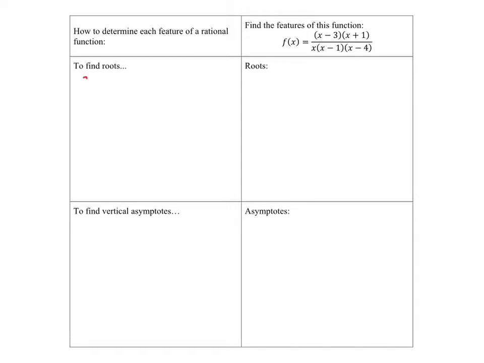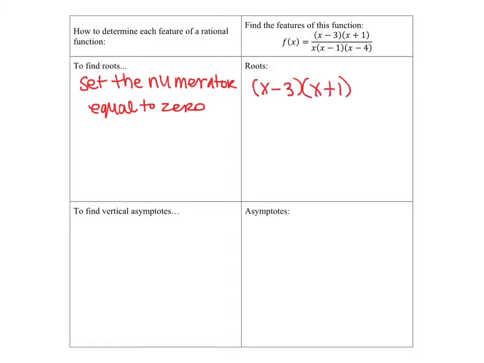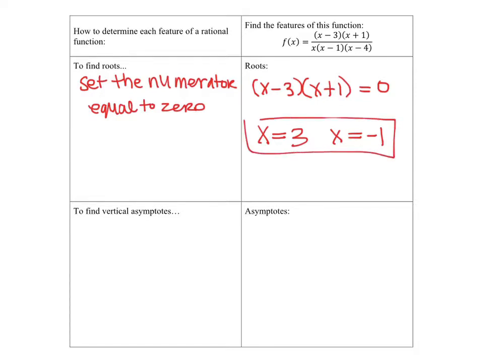So to find the roots, you're going to set the numerator, which is the top, equal to 0. So for this particular function, I'm just going to set the top equal to 0, which means x is equal to 3 and x equals -1. Because I'm just setting each factor equal to 0.